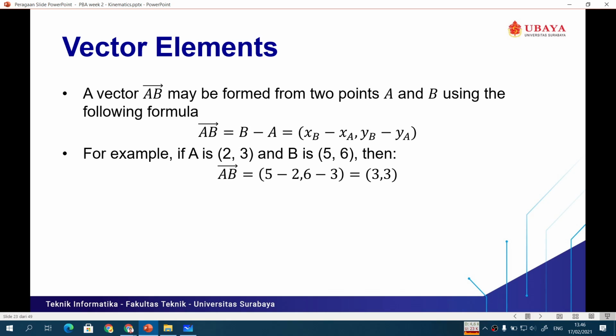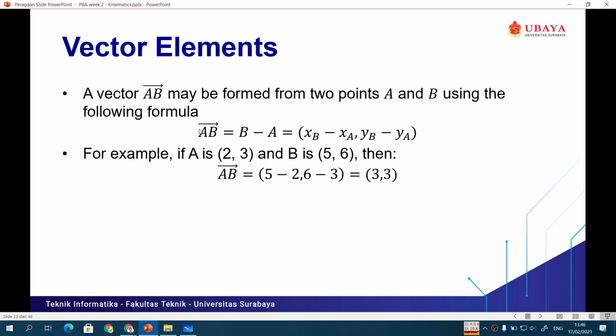Okay, a vector AB may be found from 2 points A and B using the following formula. It is very simple. The vector AB is B subtracted with A. So you simply subtract the elements of both points.